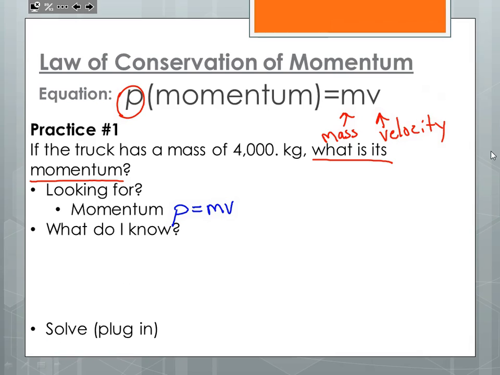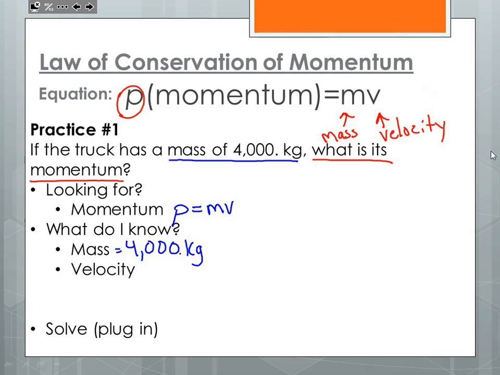So what do I know? What is given to me? Well, the mass is given to me, which it says the truck has a mass of 4,000 kilograms. So I know I've got 4,000 kilograms for the mass of my truck.